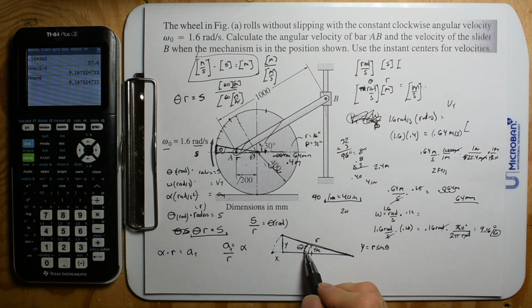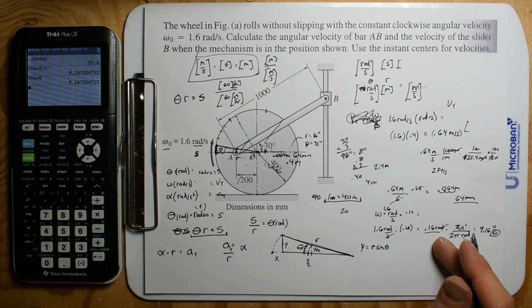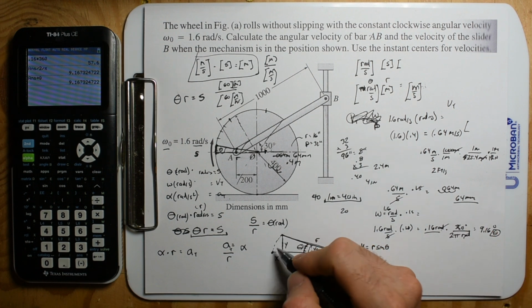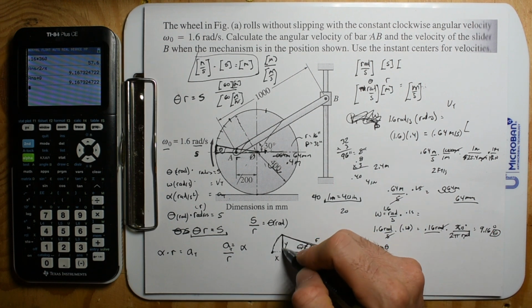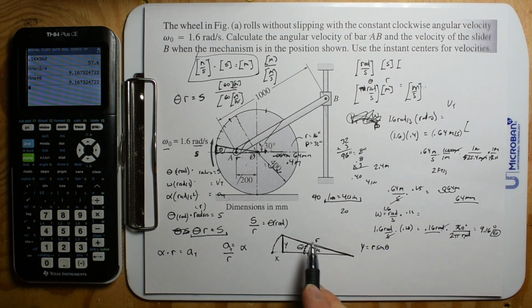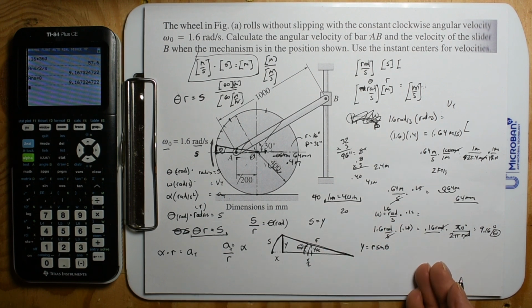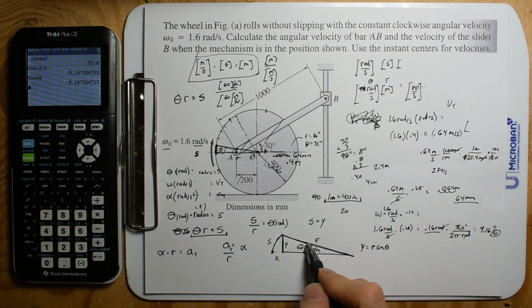The cool thing about using radians is that it's going to be 0.16 radians, and radians times the radius gives you the arc length, which is really close to the actual distance right here. Because if your angle is small, this arc length and this are the same. So basically, it's saying S is equal to Y. It's just a function of how radians are kind of unique in that way.